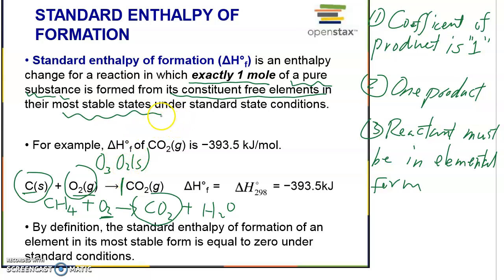All right, and it must satisfy all these conditions. The first one is that in the product, we should expect the coefficient 1, and there should be only 1 product. And the reactant must be in elemental form and also in its most stable state.